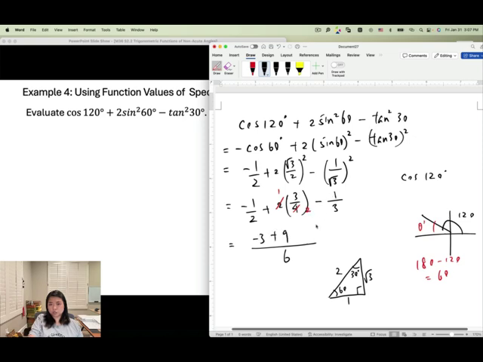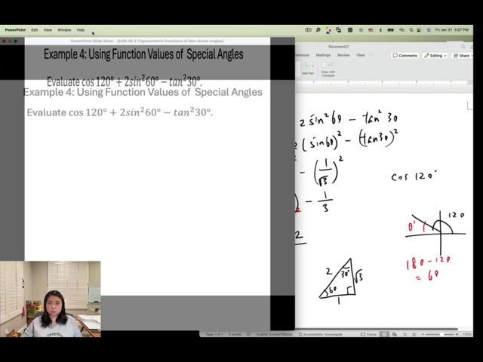You times 2 here, you times 2 here. So that will be 6 minus 2, which is going to be 4 over 6. Simplify it, 2 over 3. Okay? Check the work.